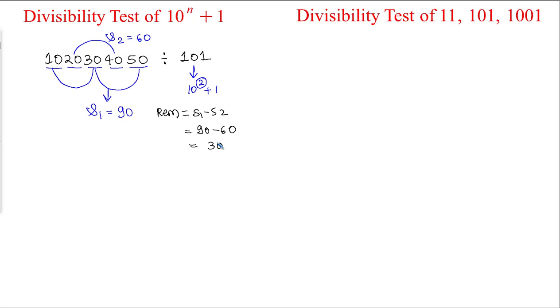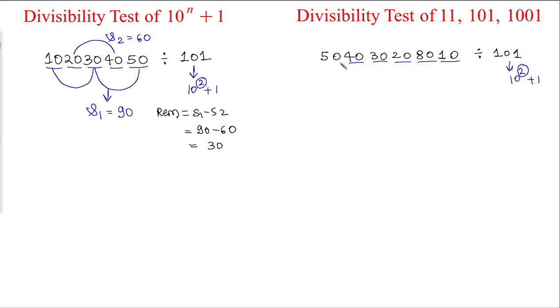Let's take one more example to understand this concept in detail. Let's take another number: 50, 40, 30, 20, 80 and 10. Let's divide this number by 101. Here 101 is 10 to the power 2 plus 1, and n is 2, so we make groups of two digits from the right hand side.